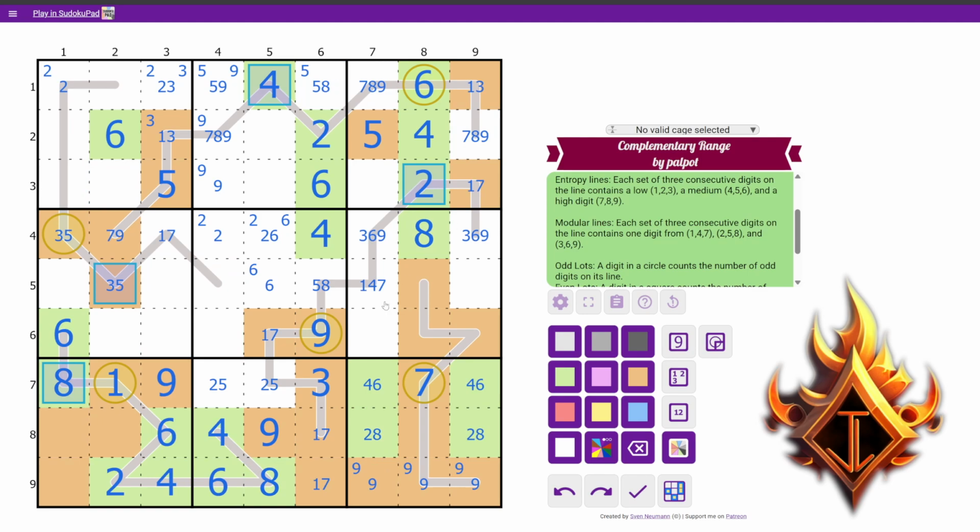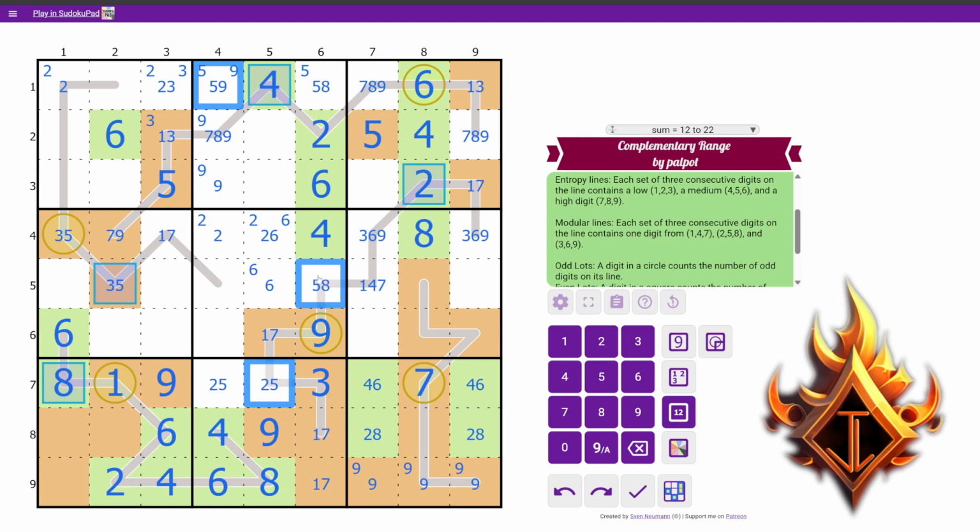Okay. If this is 5, then that would be 5.